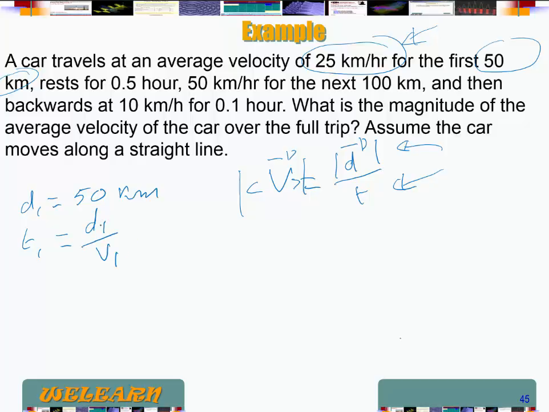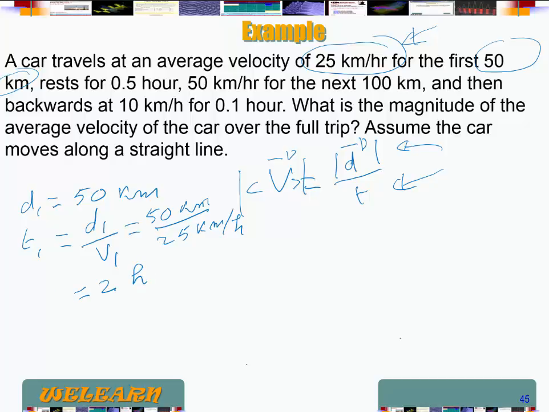So this is the magnitude of the displacement over the magnitude of the velocity. So in this case, that's going to be 50 kilometers over 25 kilometers per hour. So that gives us T1 being 2 hours.